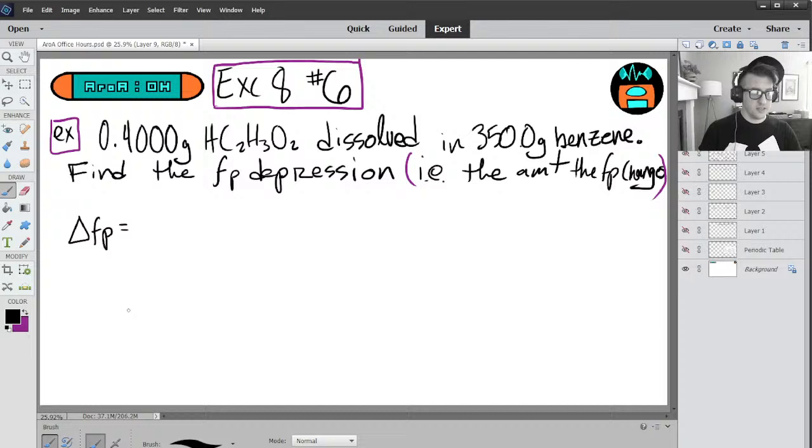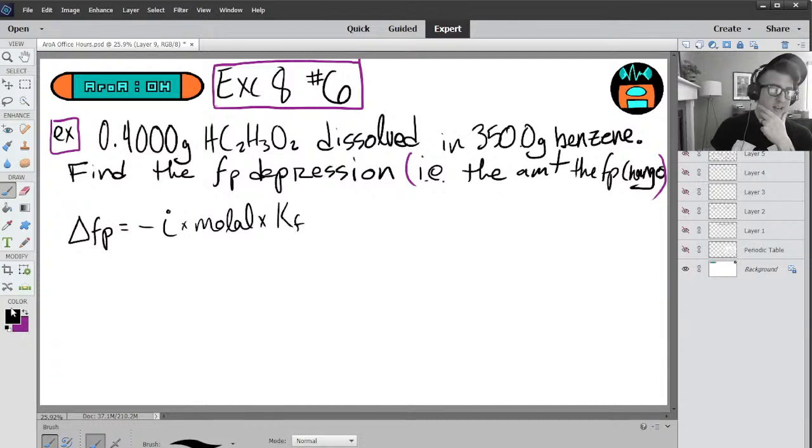The freezing point depression is equal to negative i times the molality times the freezing point depression constant. All right. Now, because we're dealing with a covalent compound, i is just equal to 1.